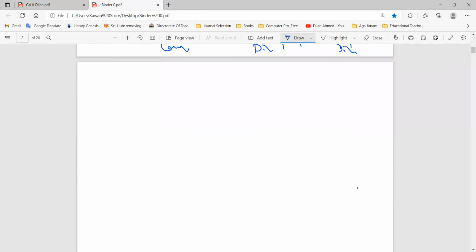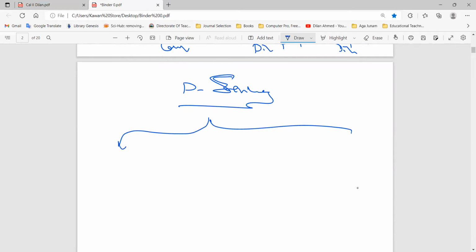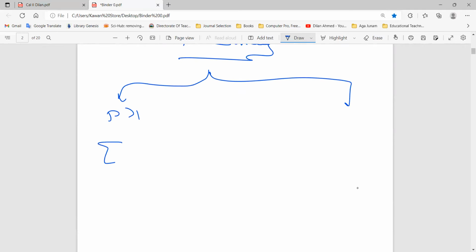For example, say P greater than 1. Look at the example here: the sum from n equals 1 to infinity of 1 over n squared.